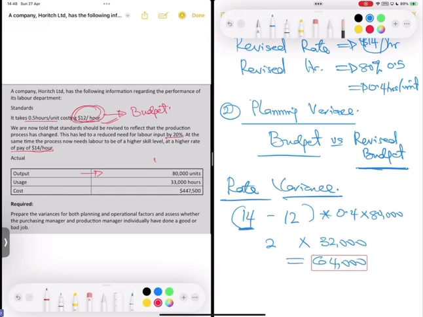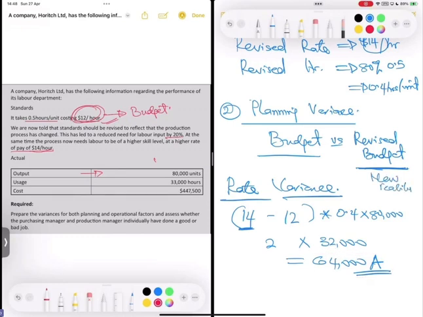And like I said, if your revised is seen as actual, it means that your budget was better. So your price has gone up in reality, because the old budget is less recent. The revised budget is the new reality. So this is an adverse variance, because the reality is now more expensive than where we used to be. Our revised budget is the new reality.